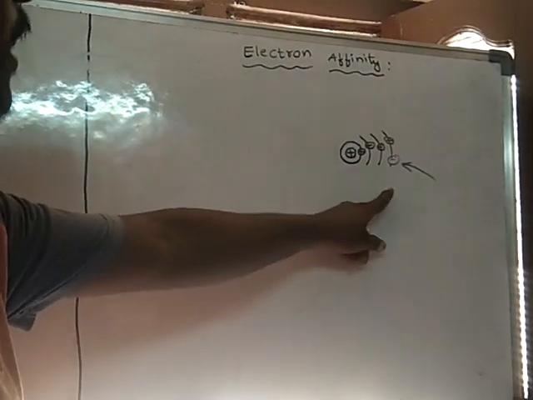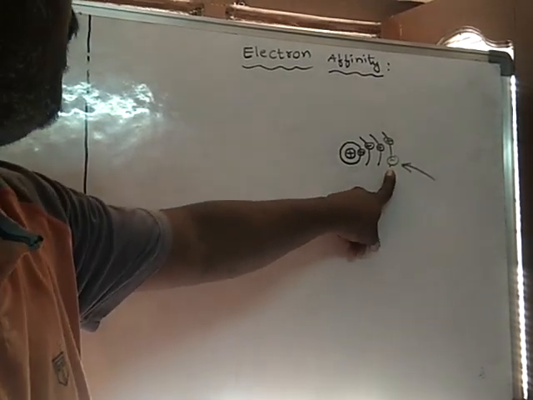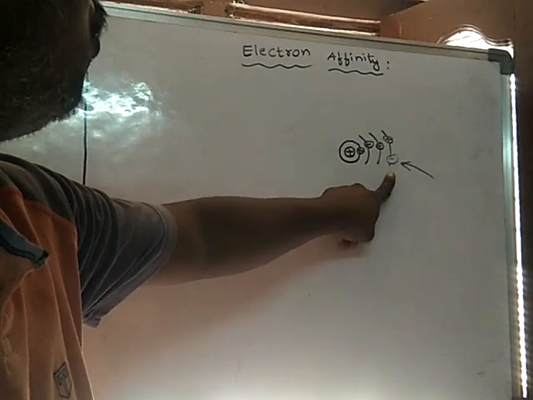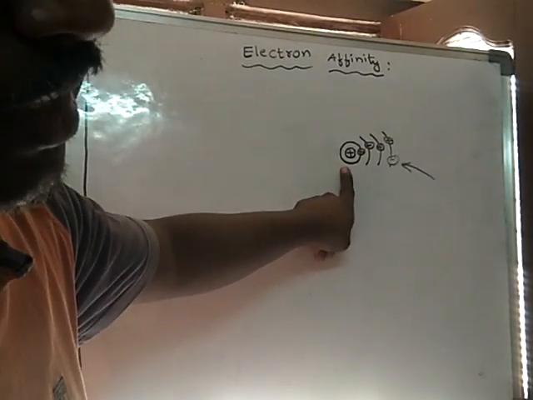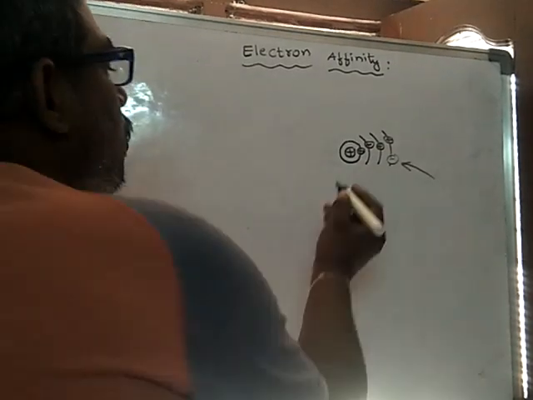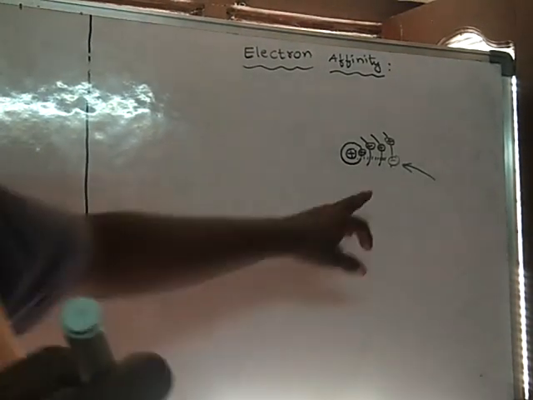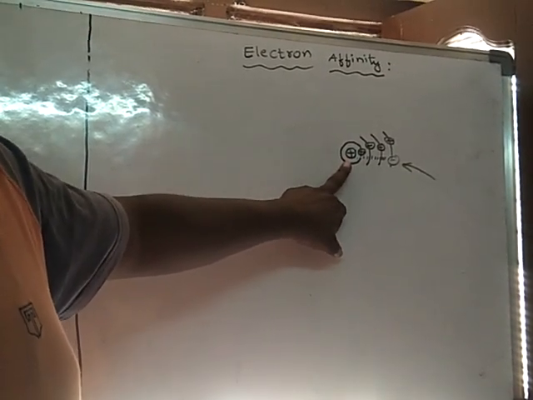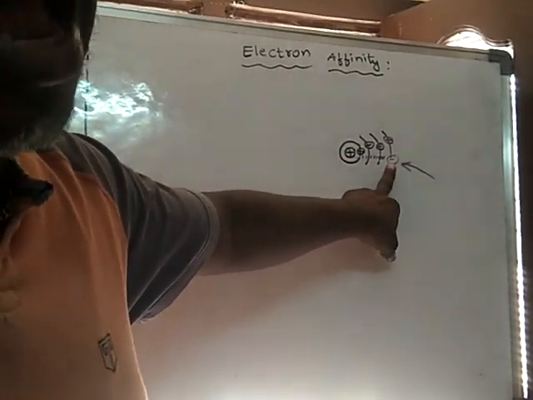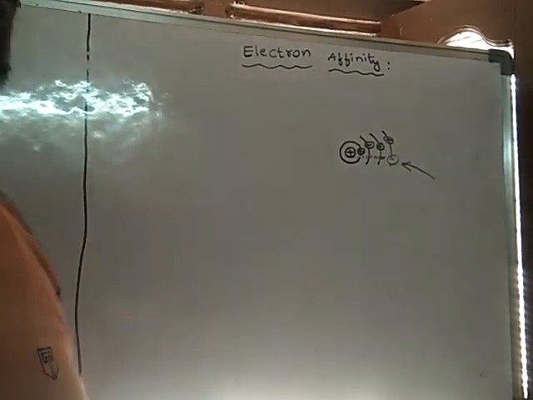Now when an electron is added, for this electron to stay in this atom forever, the nucleus should be able to accept it. The nucleus should show force of attraction on the added electron also. If it does, then that added electron can remain in the atom forever.